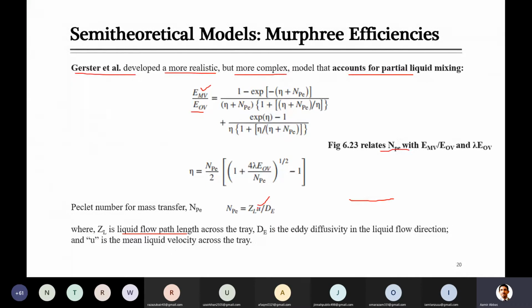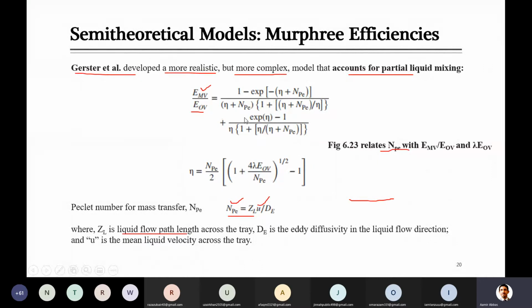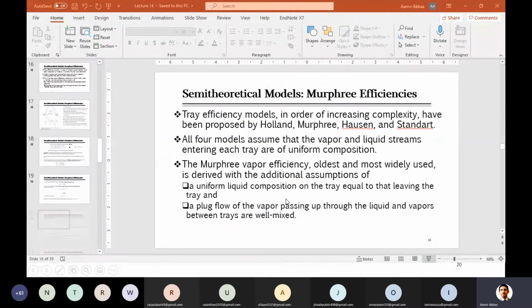If we know all these things, we can find this number, and when we find this Peclet number, we can link it to finding EMV over EOV. Based on this equation, he provided a simplified diagram. So let's quickly look at that and go for some discussion.